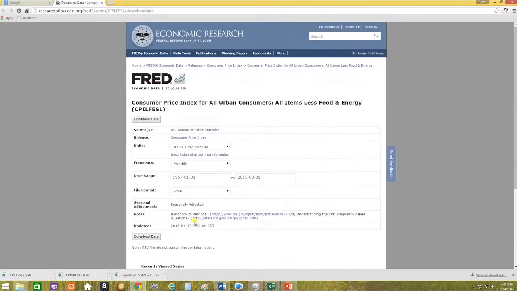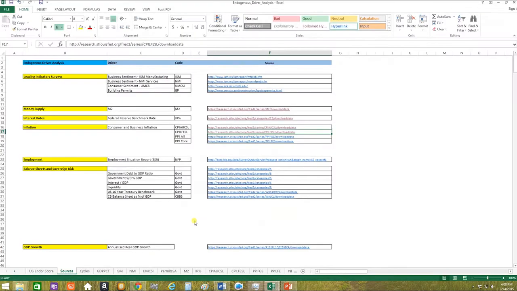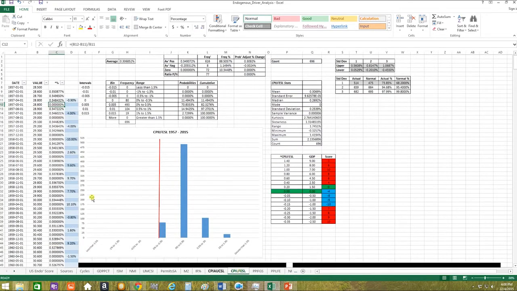Now if we go back over to the endogenous driver analysis spreadsheet, the one we want is the X food and energy, so CPIL FESL, and you can see here we have our columns in a similar format, similar setup to earlier. We have our date going up in increments of months.